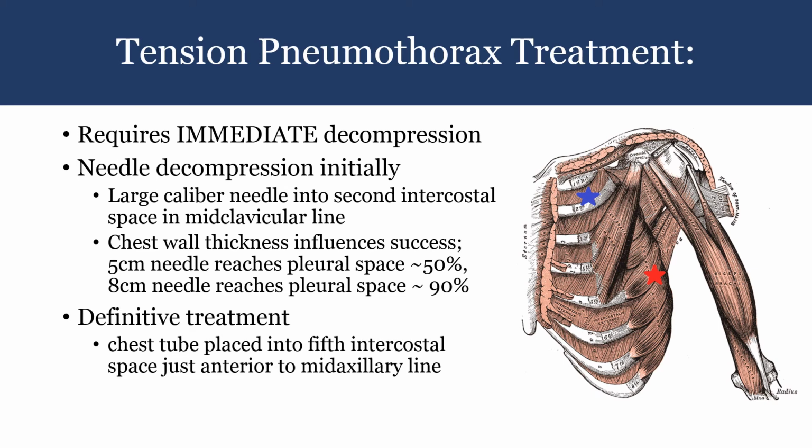How do we treat a tension pneumothorax? One is that it requires immediate decompression, and for the immediate decompression, we want to use a large bore needle, and we go through our second intercostal space that is marked by that blue star on the right, mid-clavicular line.